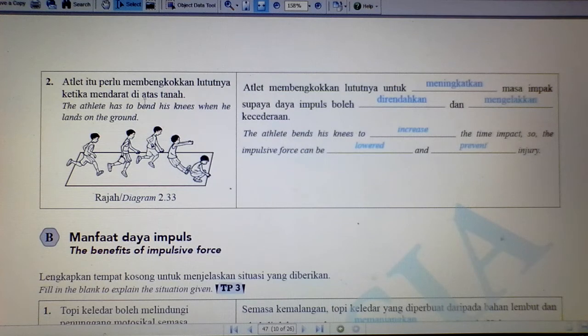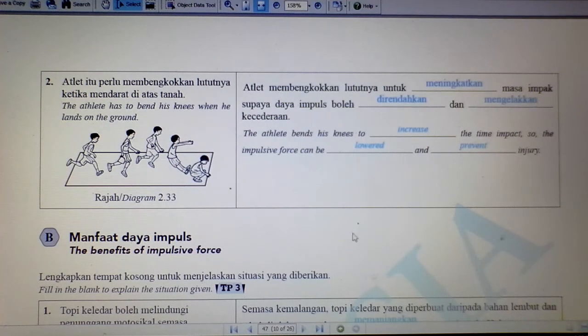The athlete has to bend his knees when he lands on the ground, like in long jump event. The athlete bends his knees to increase the time of impact, so the impulsive force can be lowered and prevent injury. So the longer the time of impact, the smaller the impulsive force. So this action can reduce or prevent injury.